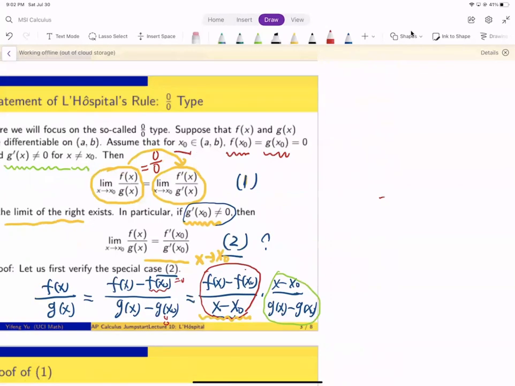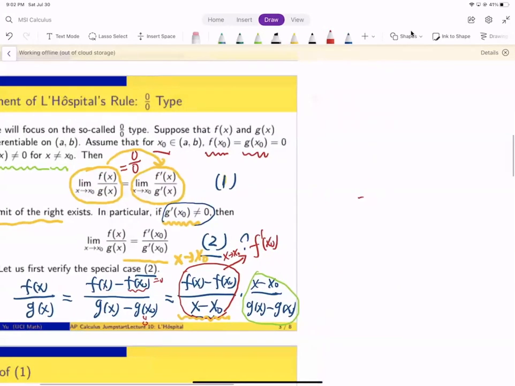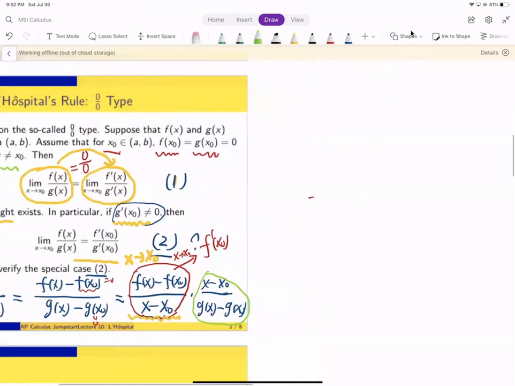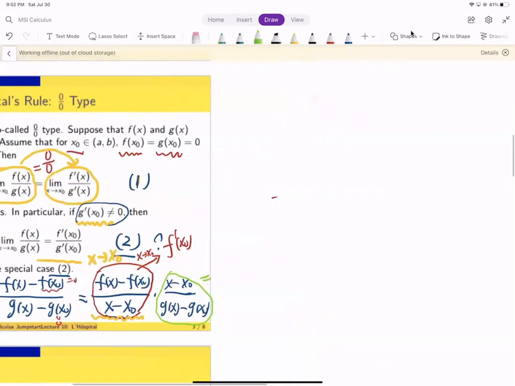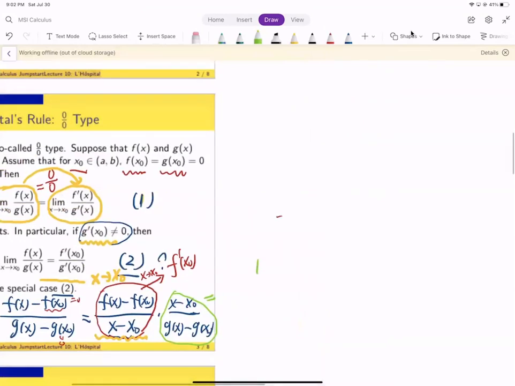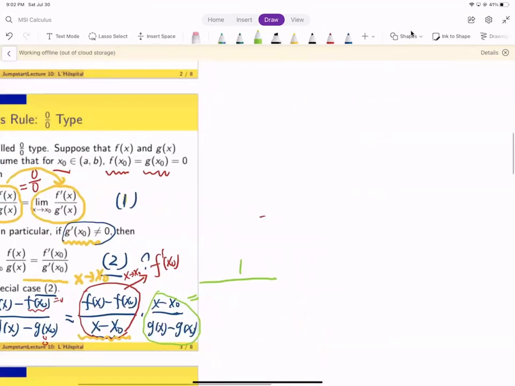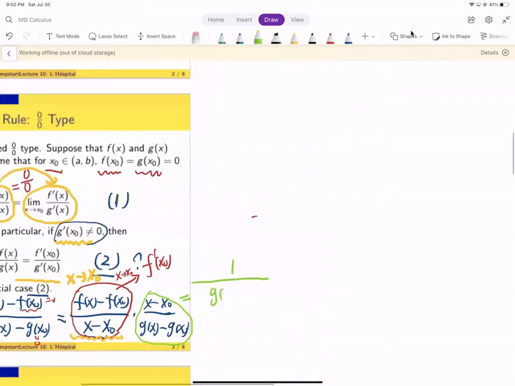By definition, as x goes to x0, this one just goes to the derivative of f at the point x0. How about the other term? I can just write this as 1 over (g(x) minus g(x0)) over (x minus x0). Now, what is this one?